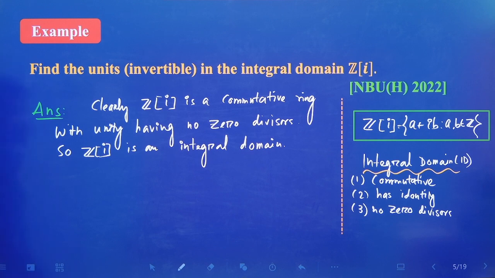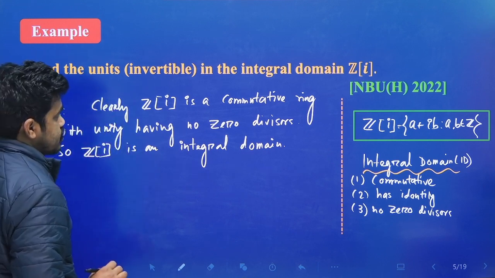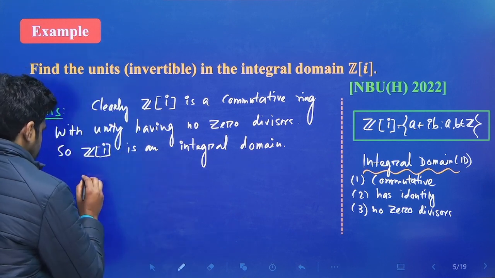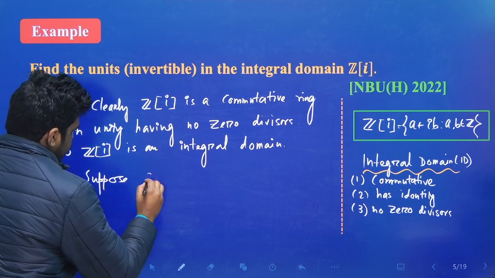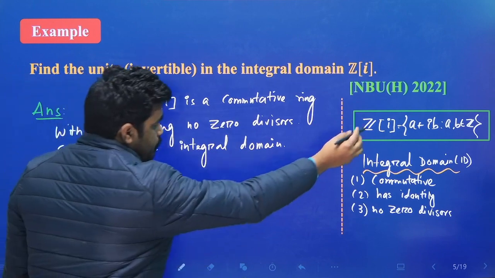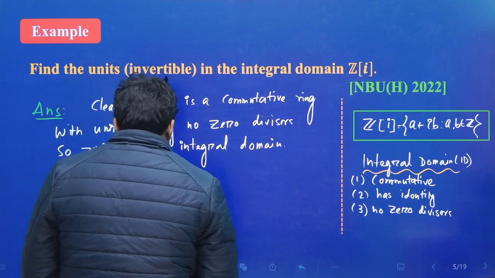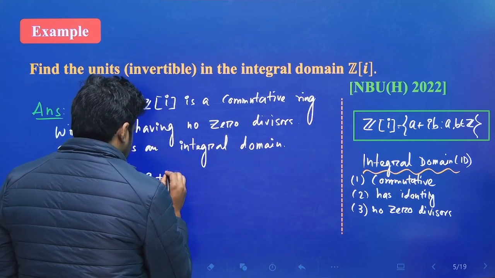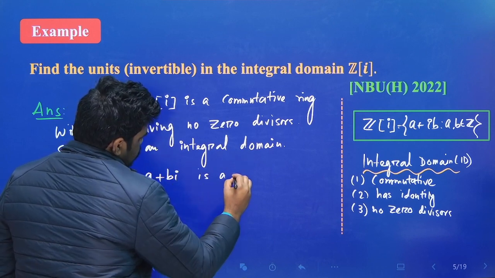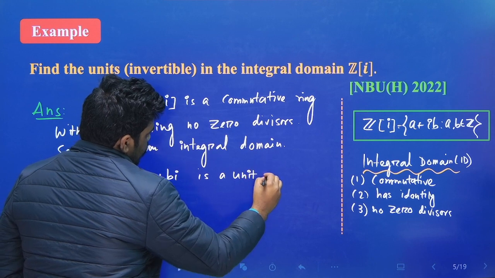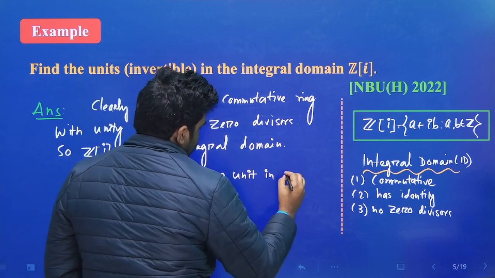So we have to find the units of Zi. Suppose a plus bi is a unit in Zi.